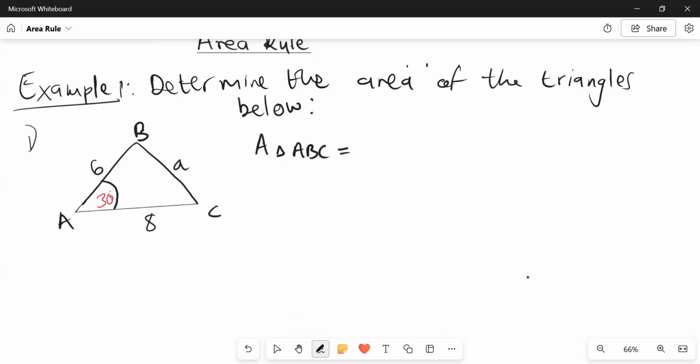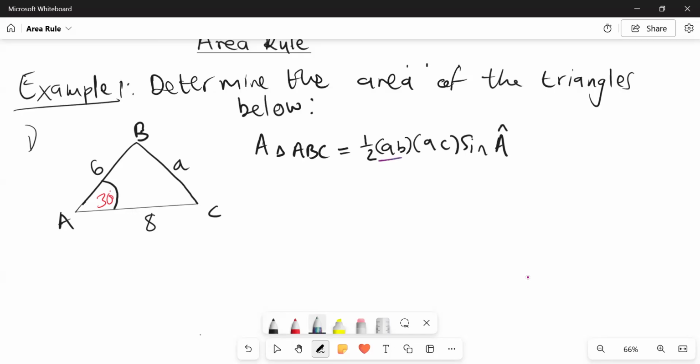ABC is equal to half AB times AC sine of the included angle, that's A. Now let's analyze this together.